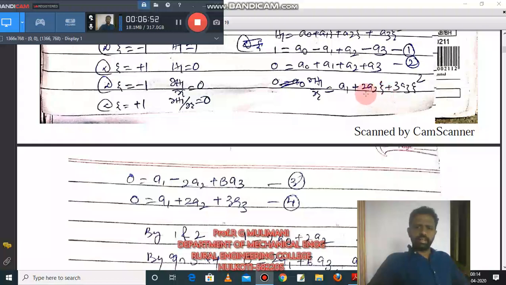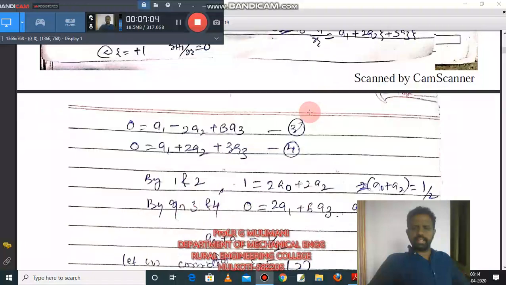Now we know three constants. You can use any equation to find a0 by substituting a1, a2, a3. You don't need to follow any particular procedure here. You just need to find all the constants by using the 4 equations.